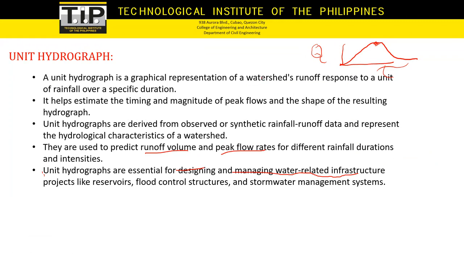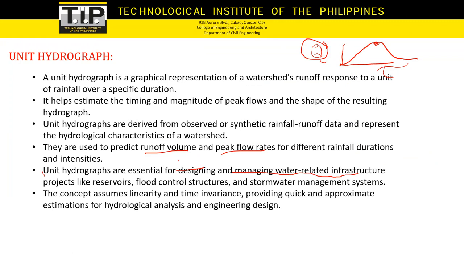So let's say 500 mm na ulan, yan na yung let's say 100 year na probability occurrence. So yung 500 mm na yon, i-multiply mo lang yung unit hydrograph times 500, malalaman mo na ano yung magiging Q. So with that, pwede kang maka-design ng mga water-related infrastructure kasi alam mo na yung magiging value ng Q.